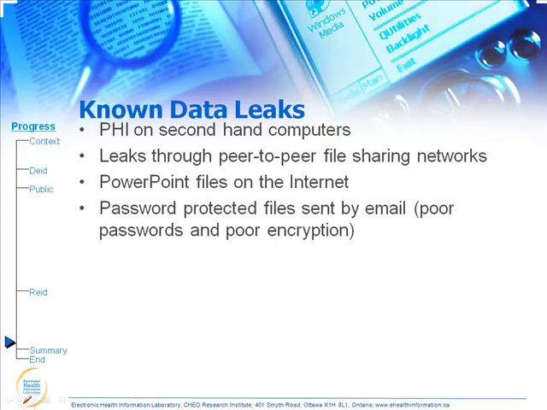We found PowerPoint files on the internet, people giving presentations, and either they talk about their patients directly in their presentations and then they post it after the conference, so maybe they thought it was a closed forum or a small group, and then when the PowerPoint is posted online, the information is available. So we found PHI there, but also people paste, say, Excel files in their PowerPoints, and when you paste an Excel document into your PowerPoint, the Excel document is actually embedded in your PowerPoint, so when you double click on it, all the raw data is there.